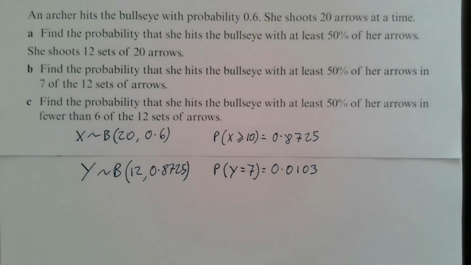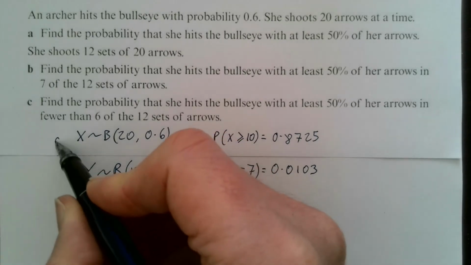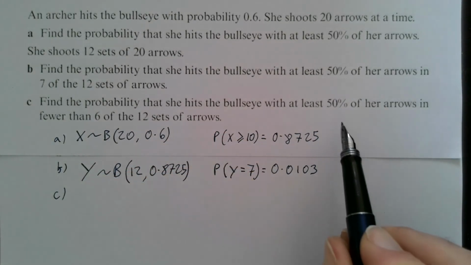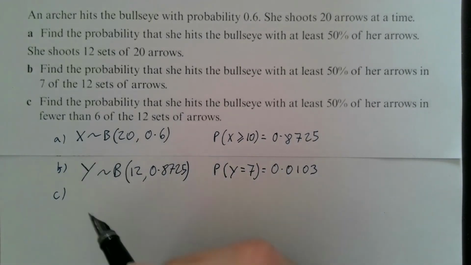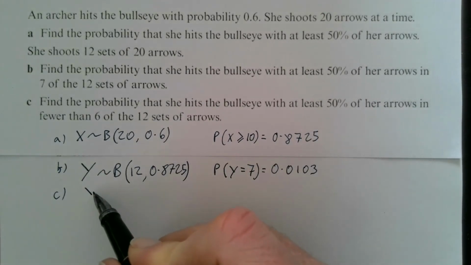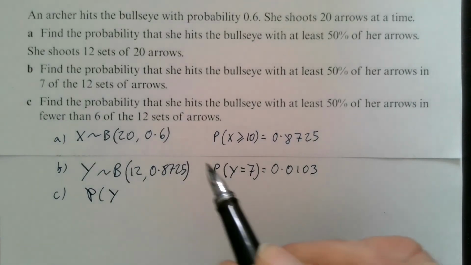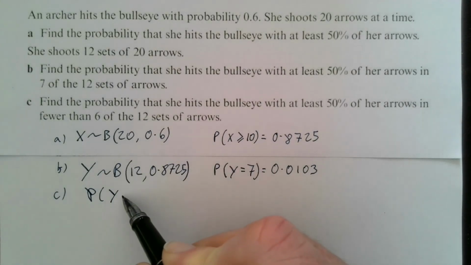And then finally, that was part A, that was part B, for part C, she's wanting it in fewer than 6. So this time we're saying the probability that y is going to be fewer than 6.